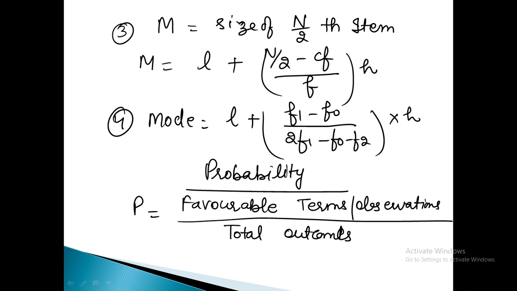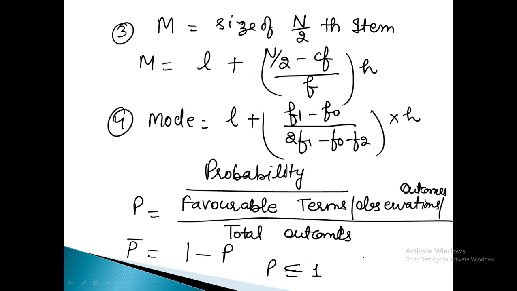That is known as P. If you find not P, then you can find it by 1 minus P. And probability will always be equal to 1 or less than 1. Probability must be less than or equal to 1, not more than 1.